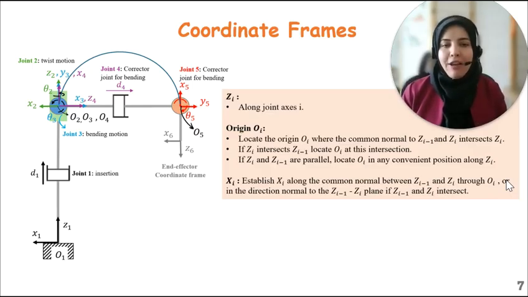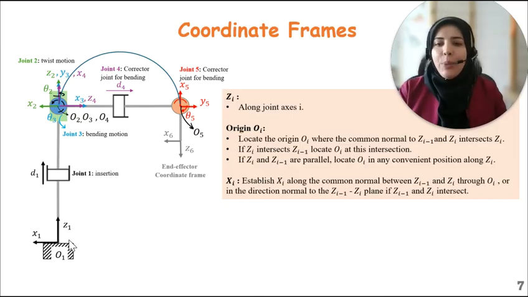And finally, X_i: establish X_i along the common normal between Z_i-1 and Z_i, passing through the origin O_i, or in the direction normal to the plane formed by Z_i-1 and Z_i if the two axes intersect. So let us start with Z1.